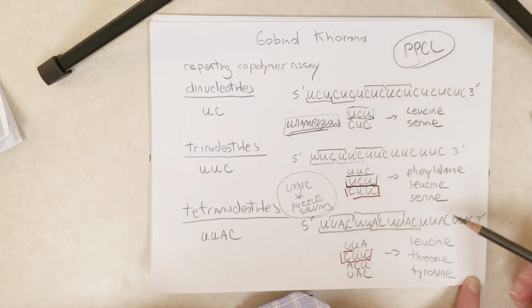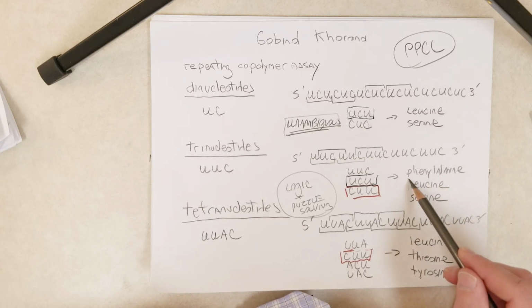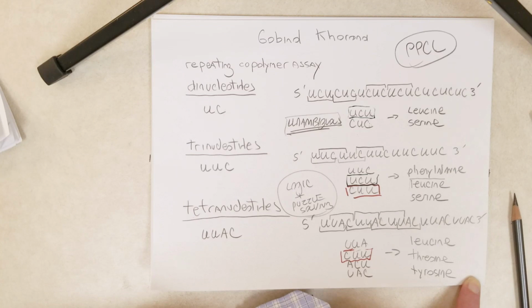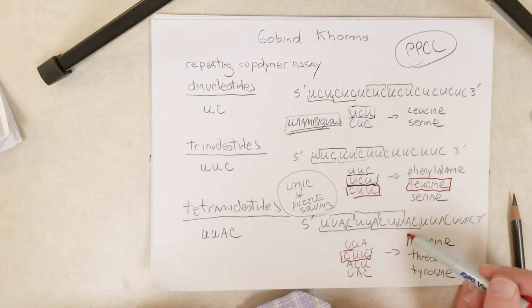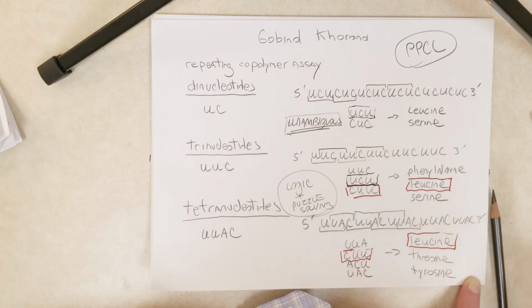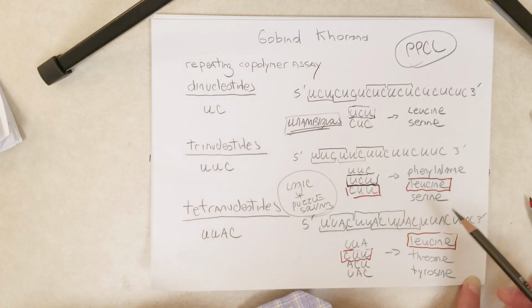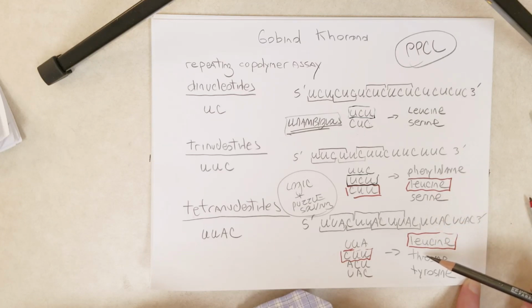Oh, okay. Now look at the amino acids over here. Leucine is here, and leucine is here. So there are no other amino acids in common between these two, right?